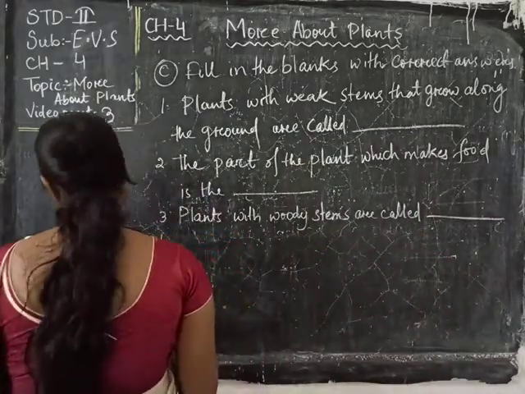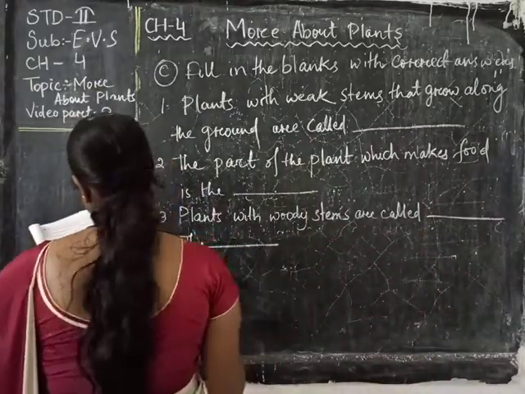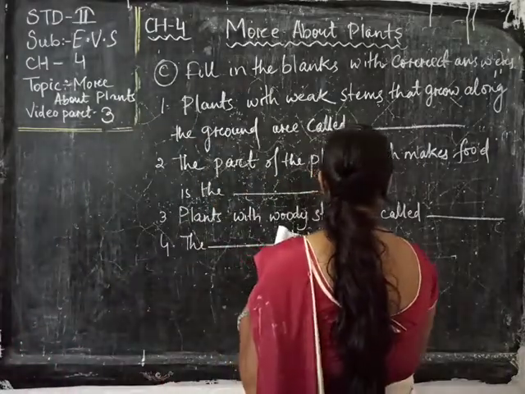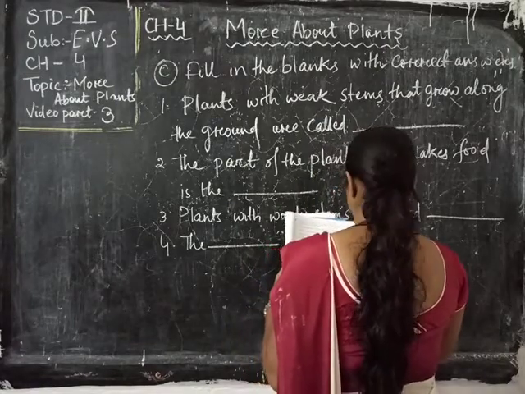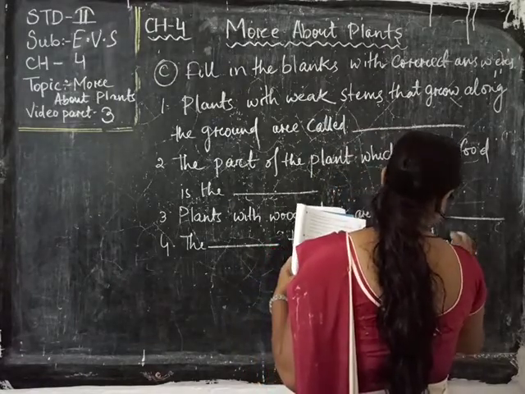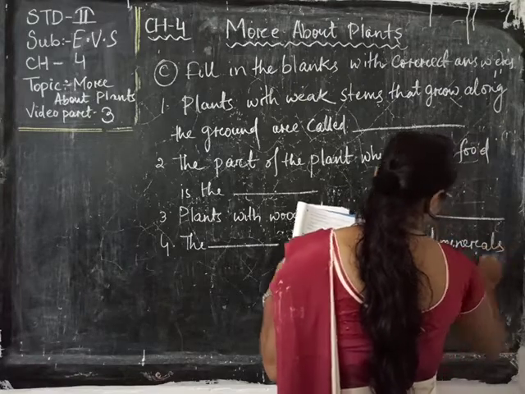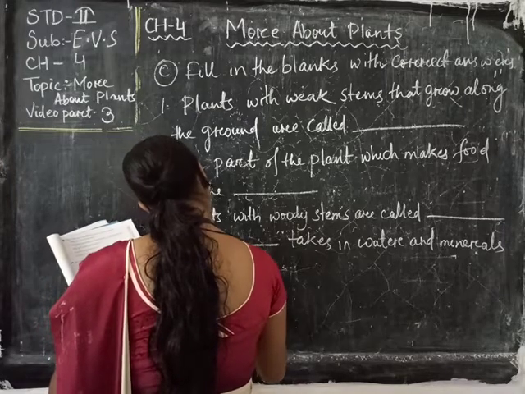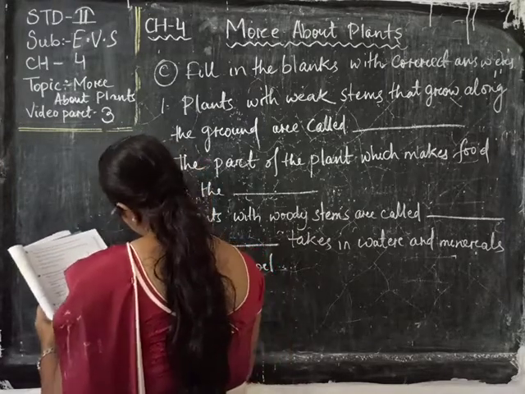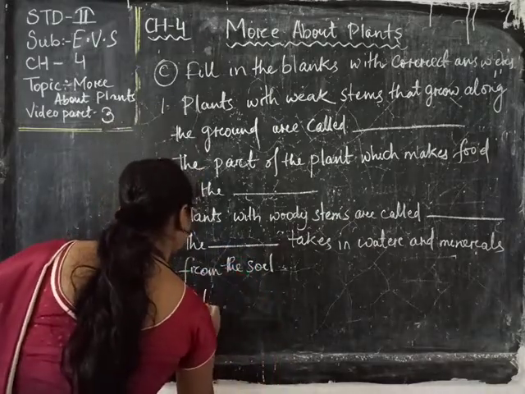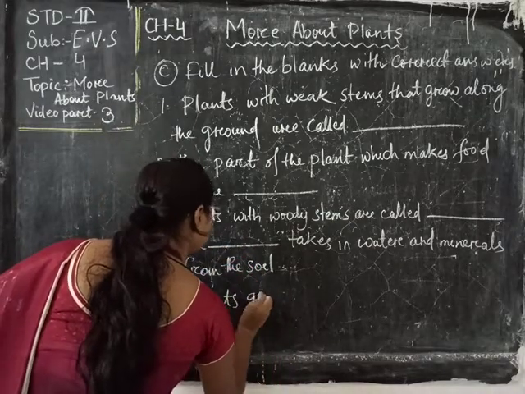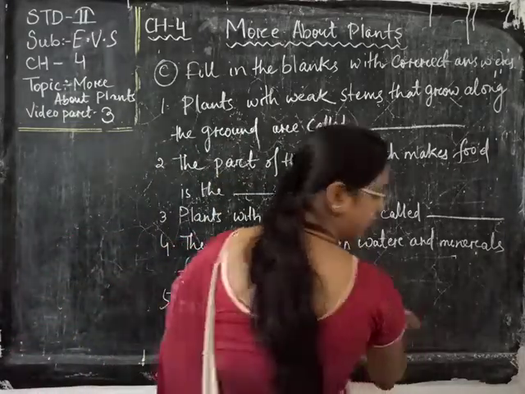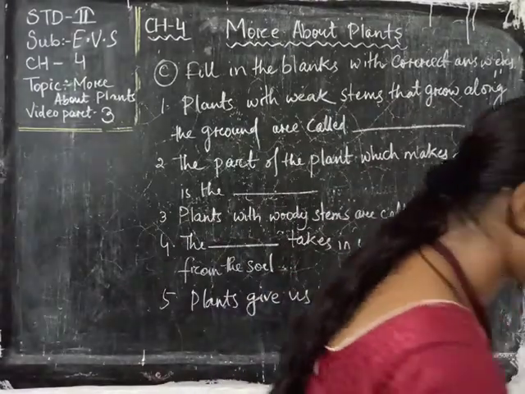Number 4 is the dash takes in water and minerals from the soil. Number 5 is your plants give us dash. Okay, so let's see the questions.